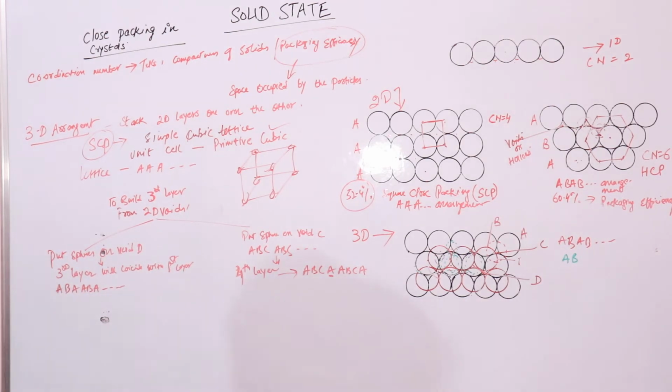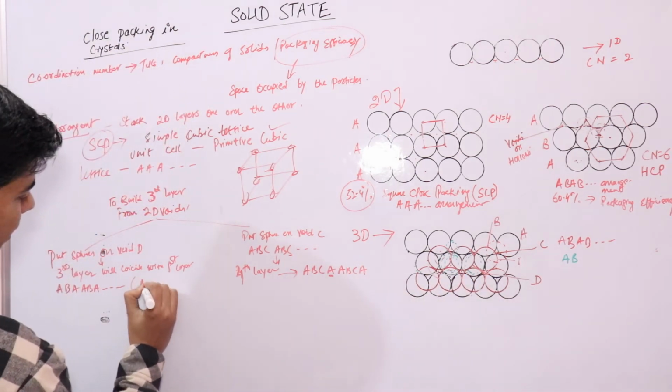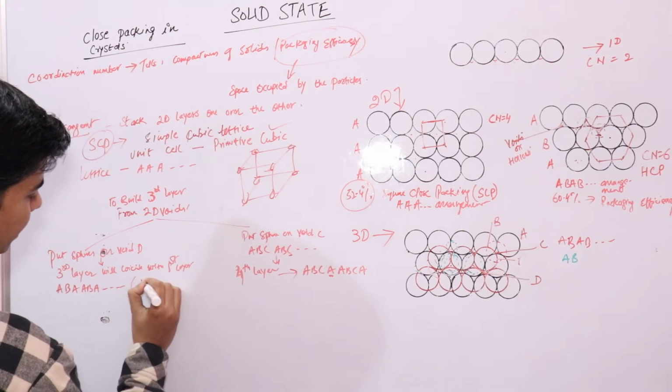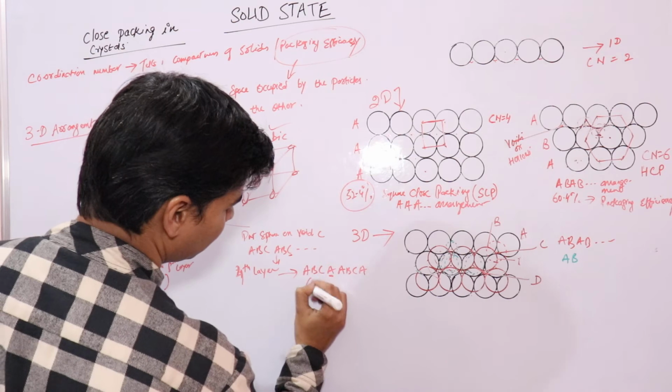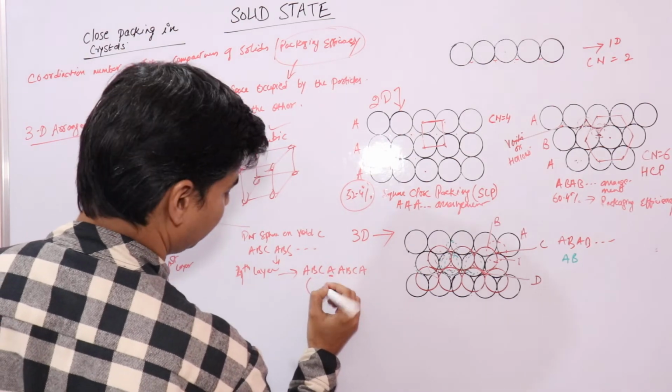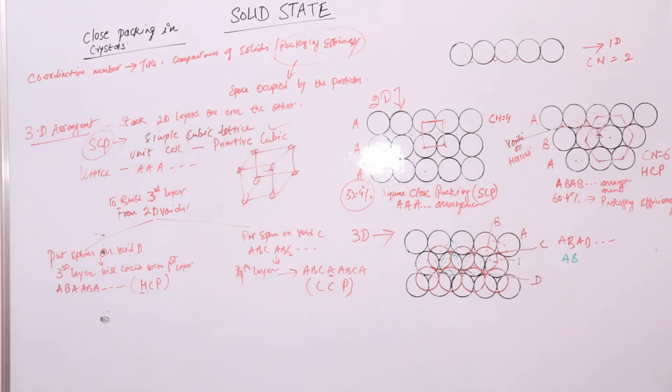When you put the spheres on void D, what we get is your HCP arrangement, hexagonal close packing arrangement, and this is your cubic close packing, CCP. CCP stands for cubic close packing.